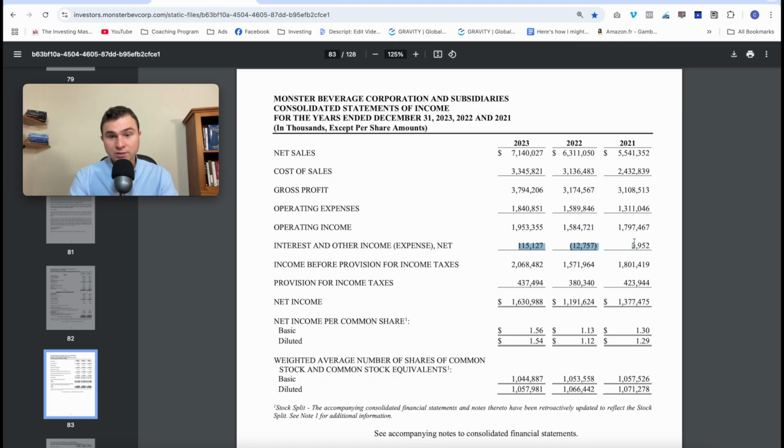You have to pay this one. Either it's a gain or it's an expense, depending on whether you have a lot of debt or a lot of cash. And that's your income before the provision for taxes. You pay your tax and that's your net income. And to get the net income per share, the earnings per share, you divide the net income by the total number of shares and you get your EPS.